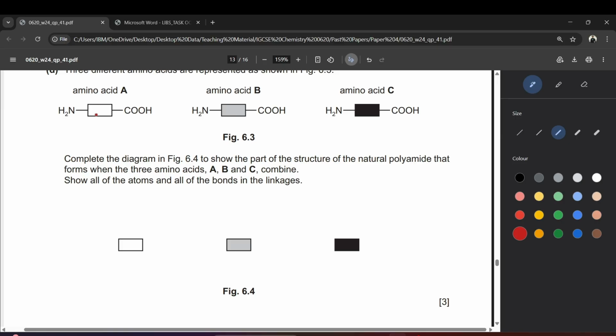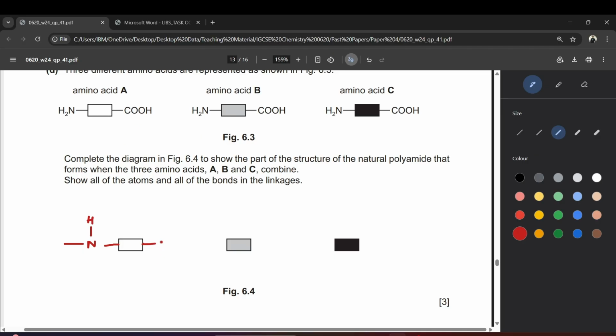Now, when these amino acids combine, what happens? Let us start with this side first. You have NH2, so one of the hydrogens gets removed from here, and now this bond will be with something else on the left hand side. With this, we are only showing that there's a continuation. Over here you have COOH.